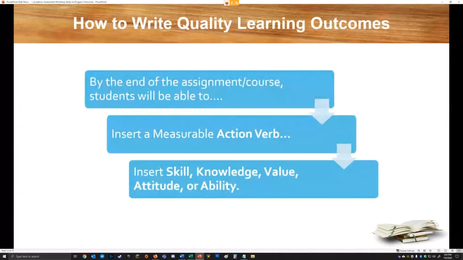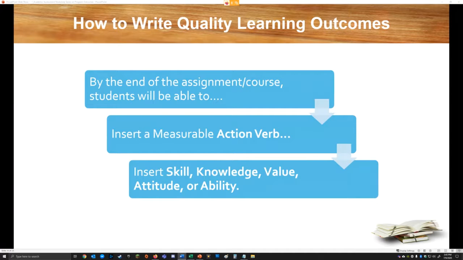All right, so we looked at some measurable outcomes, some ineffective outcomes. Now we're going to look at maybe the logistics of writing some outcomes. So we have good news for you. We can make this easy. This doesn't have to be a mystery. There are really 3 steps.